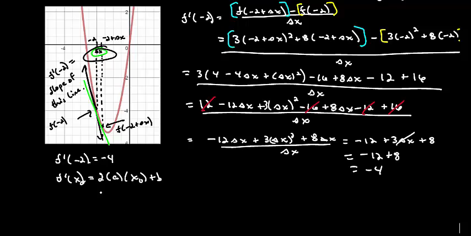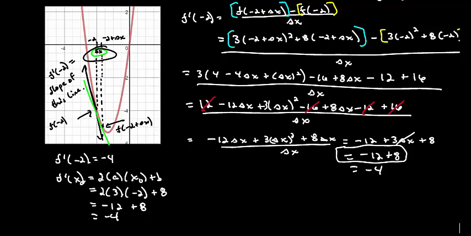So that would be 2, the a value is 3, the x naught value is negative 2, and our b value, I believe, was 8. So 2 times 3 is 6, times negative 2 is, look at that, negative 12 plus 8. That should look familiar to you over here. And so that's also equal to negative 4. So again, it's telling us that the slope of the black line right here is negative 4.